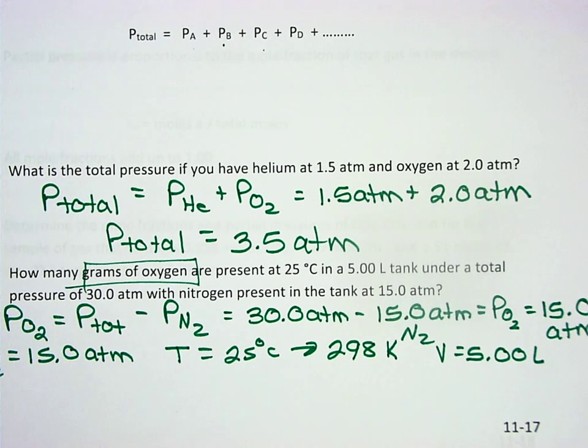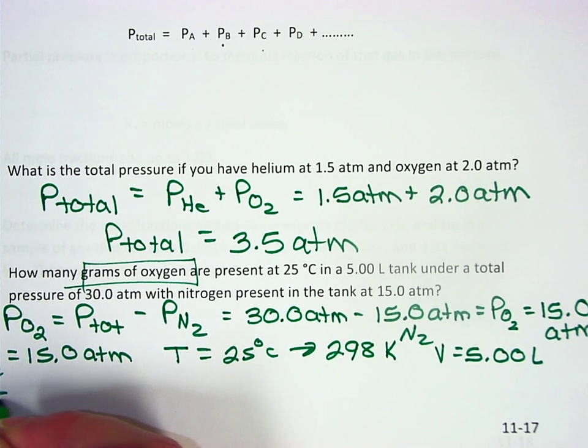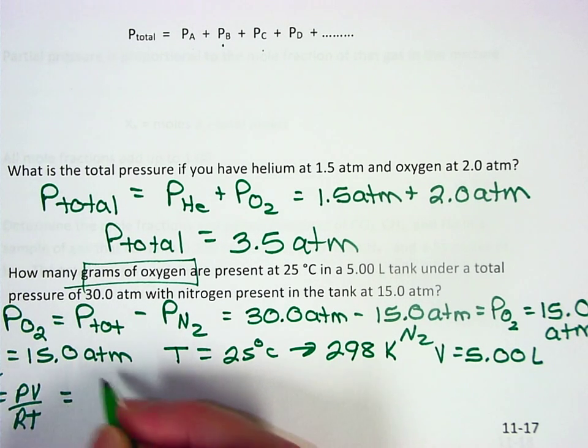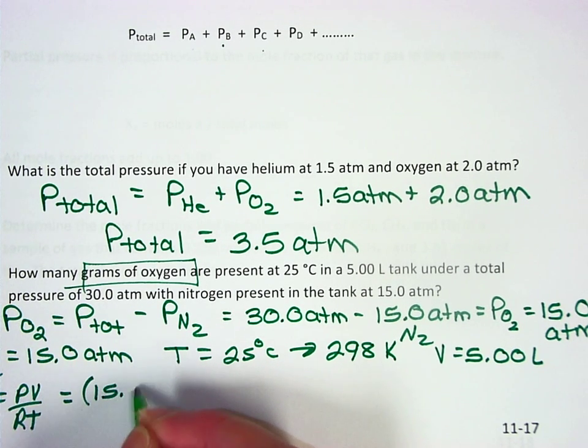So now I can use the ideal gas law to find the number of moles of oxygen, and from the moles I can find the grams. So n is equal to PV over RT. Our pressure is 15 atmospheres.